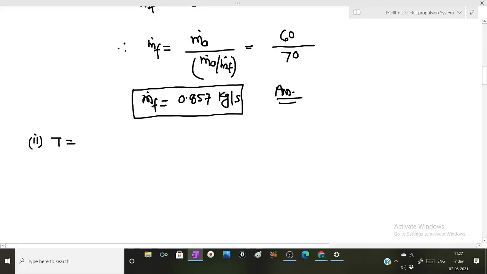Thrust is represented by T. So, in this problem, we have been given air fuel ratio as well as we also know the mass flow rate of air. So, we can calculate total thrust.